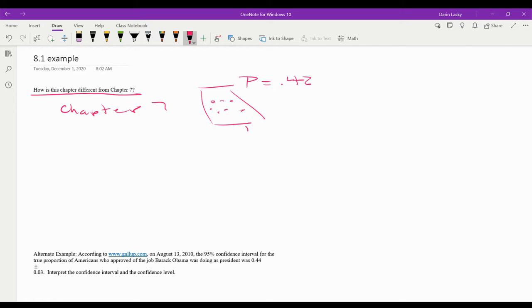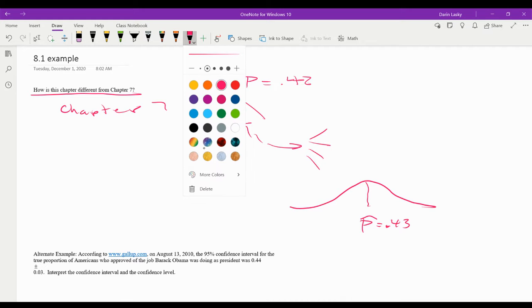And then we took a bunch of samples, and then we ran simulations, and we ended up with a p hat of, let's say, 0.43.